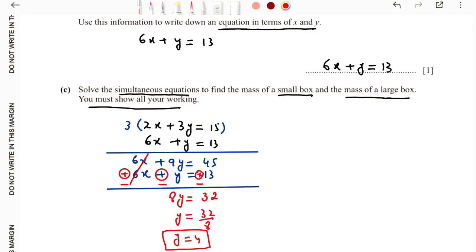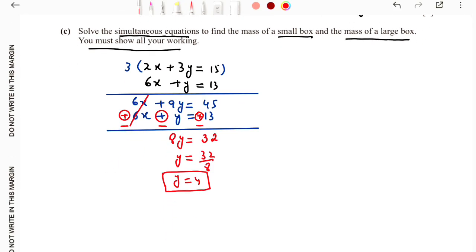Now we have to find out the value for x. Substitute this value in any one of the equations. If I substitute this value in the first equation, that is 2x plus 3 times 4 is equal to 15, I have substituted this value. So 2x plus 12 is equal to 15.